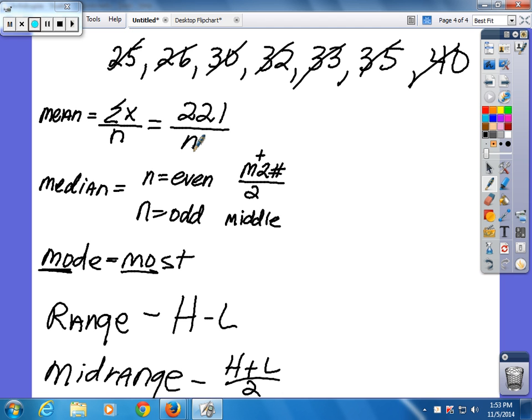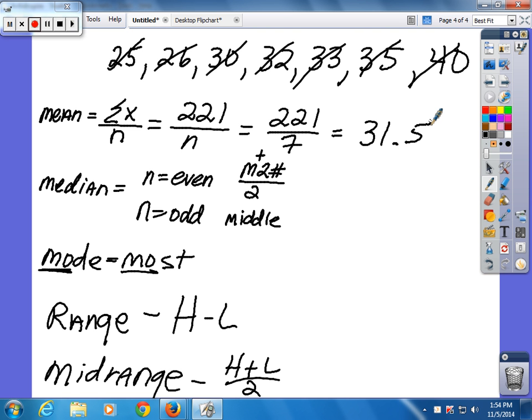Now, 221 over what? Over 7. Yep. 1, 2, 3, 4, 5, 6, 7. Population is 7. 7 will go into 22 3 times. That'll leave 1. 1 plus 1 is what? 11. 7 will go into 11 one time. That'll leave 4. 7 will go into 40, how many times? 5 times, that'll leave a 5.